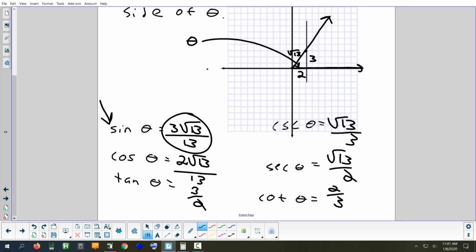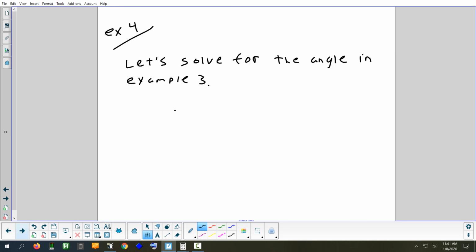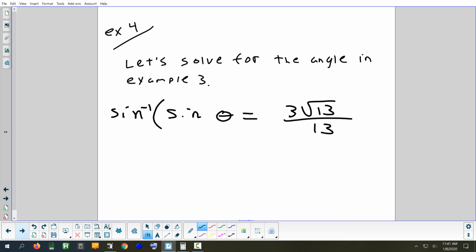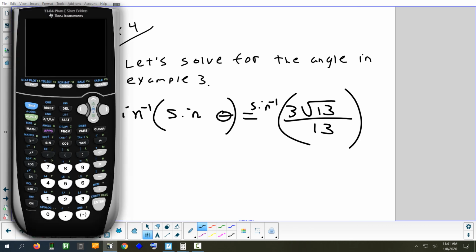Sine theta equals 3 root 13 over 13. How would you get theta by itself in that problem? Yeah, exactly. You have to use the inverse sine. Take that on each side. And let's type that in and see what we get.